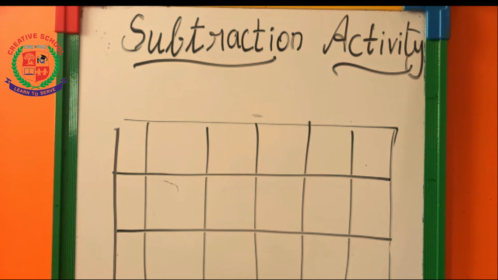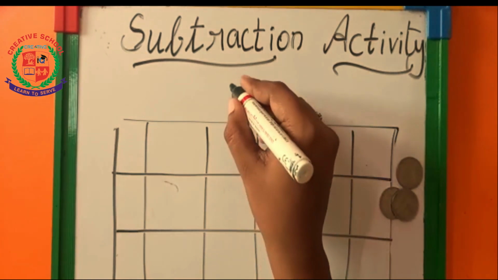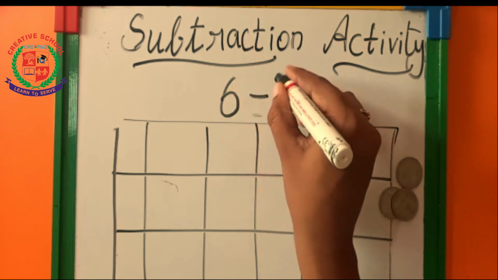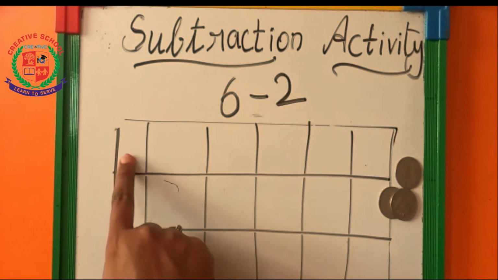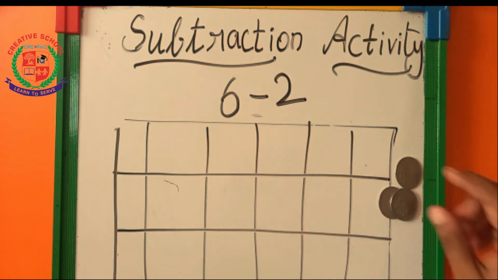Now we are going to do the activity for subtraction. For that you have to draw a box like this and also need some 1 rupee coins. So now let's subtract one number. So 6 minus 2. So you have to place 6 coins in the box.